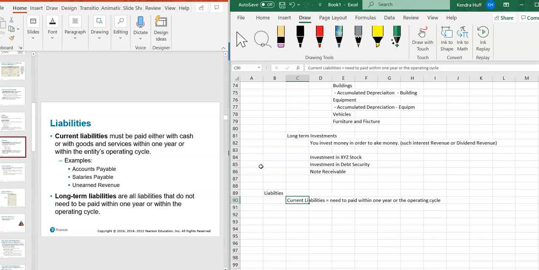And they'll be paid with current assets, cash, for instance. Generally they'll be paid with current assets, or you might provide a service to satisfy the obligation.